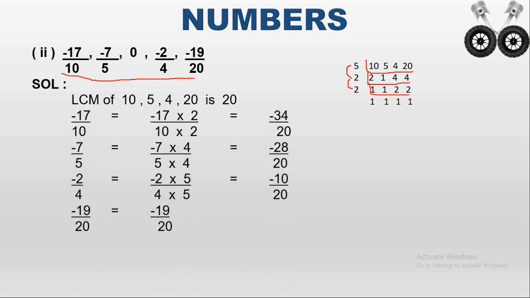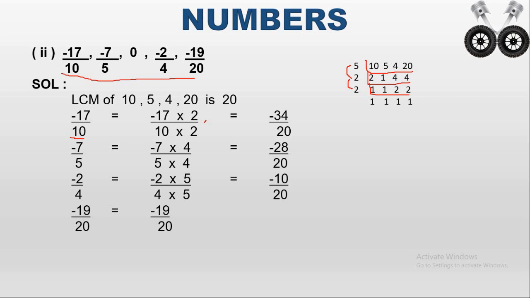Now we have to make the denominators equivalent to 20. So what is the first rational number? The first rational number is minus 17 by 10. So here the denominator is 10. You have to make the denominator equivalent to 20. So for that I have to multiply numerator and denominator by 2. So minus 17 into 2 divided by 10 into 2. 17 into 2 is 34.